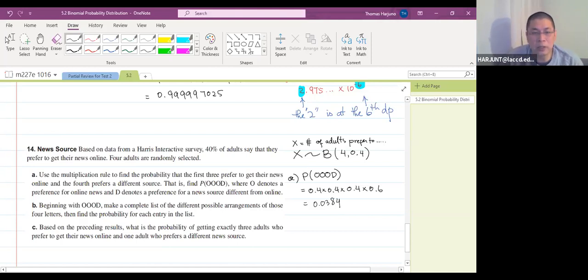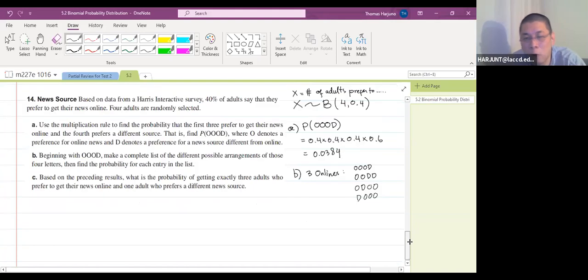Now, the thing is, to get 3 who prefer to get their news online, it's not only this order. There are different arrangements. One of them is something we already computed, but there are actually 3 other ways: online, online, different, online; online, different, online, online; different, online, online, online.